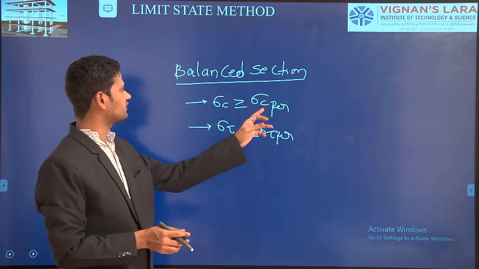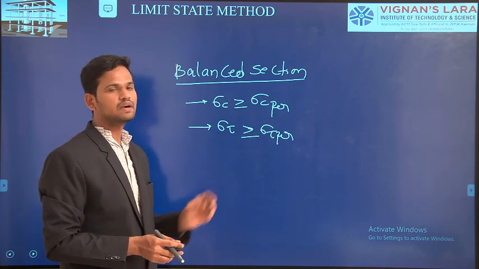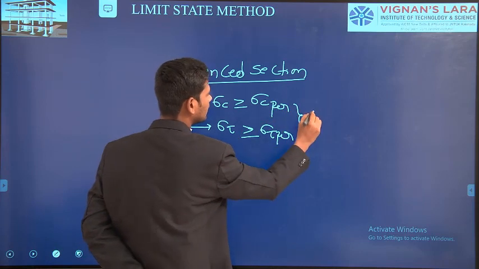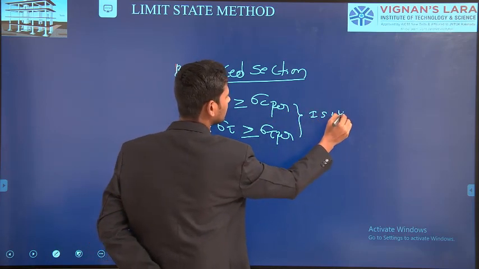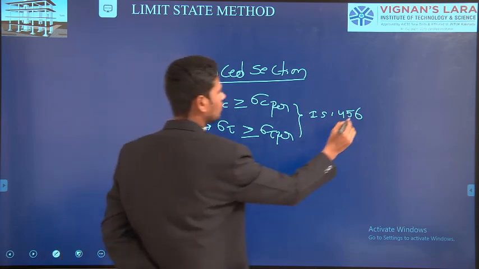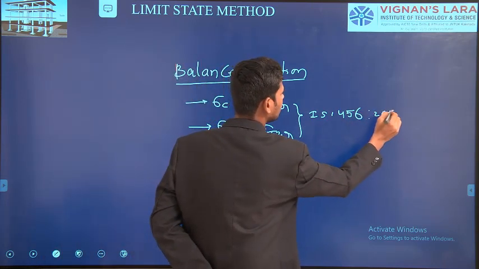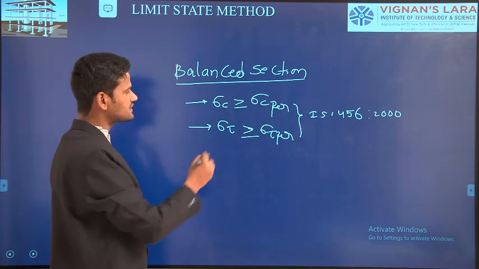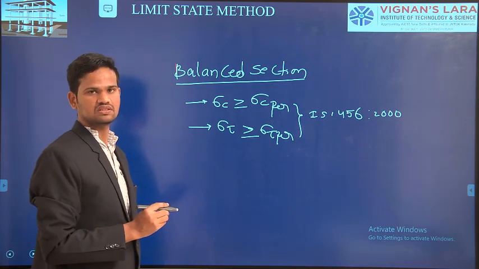And if you observe here, sigma c permissible and sigma t permissible, these two values we are taking from the IS 456 2000 code book, from Table 18.